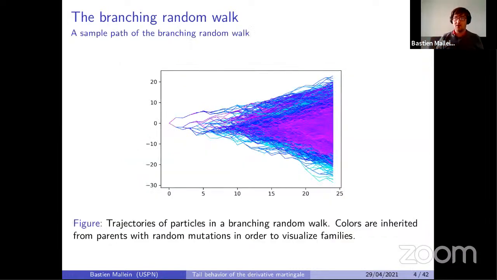So here is a picture of the branching random walk. I drew here the path of particles in a branching random walk, and I chose the color in such a way that the color of a child is inherited from the color of its parent plus a small fluctuation.